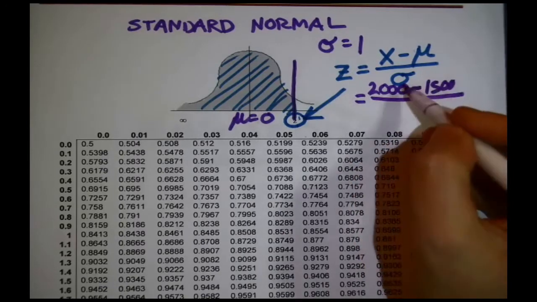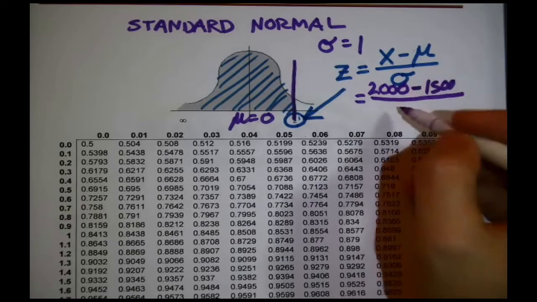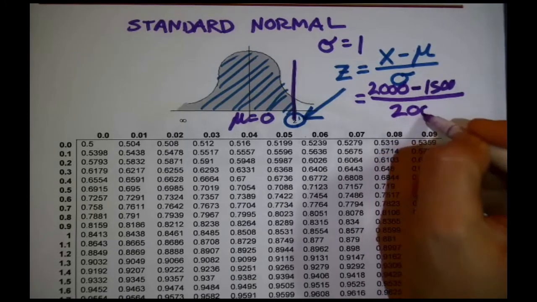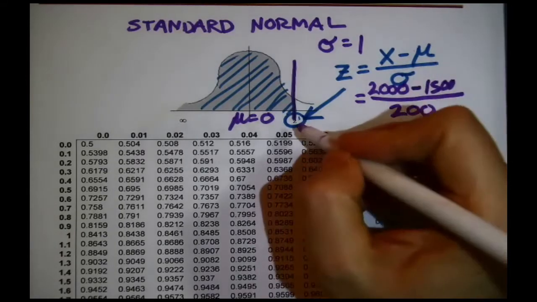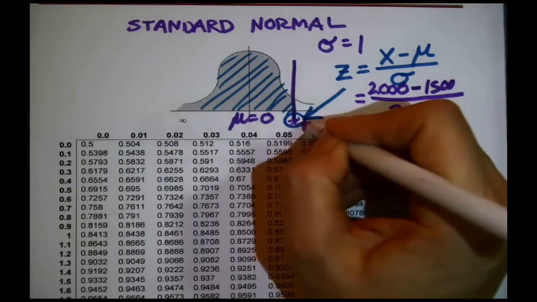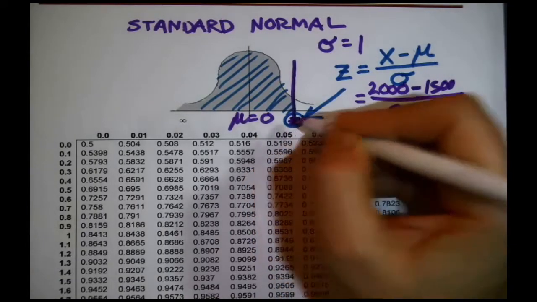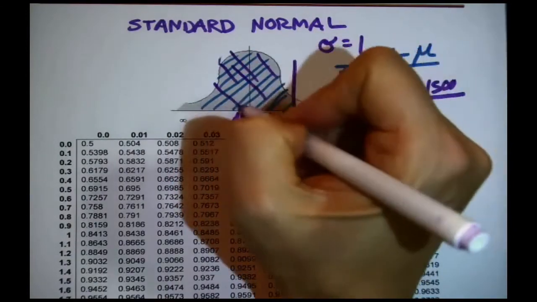And then divided by sigma, that is the standard deviation of our curve. Fill this in, and that will translate this spot from 2,000 to the particular value Z on this curve that we could look up on this table and find out what I was trying to shade in here.